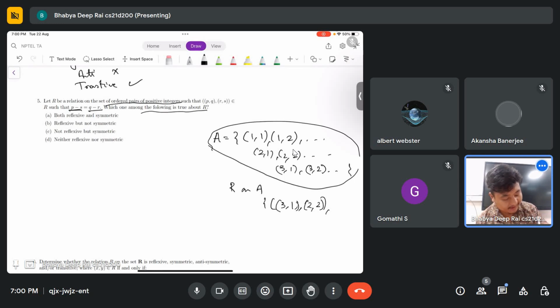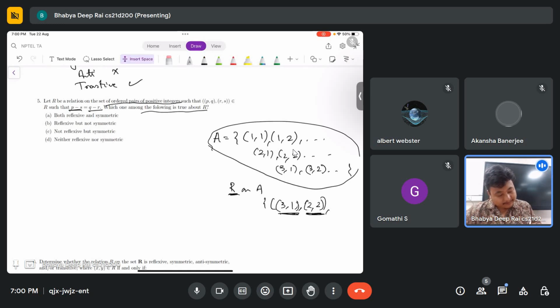And what does R on A look like? It should be a subset of A cross A, which means it should be a subset of tuples containing tuples. So that's why it is of this form: P comma Q, R comma S, and so on.